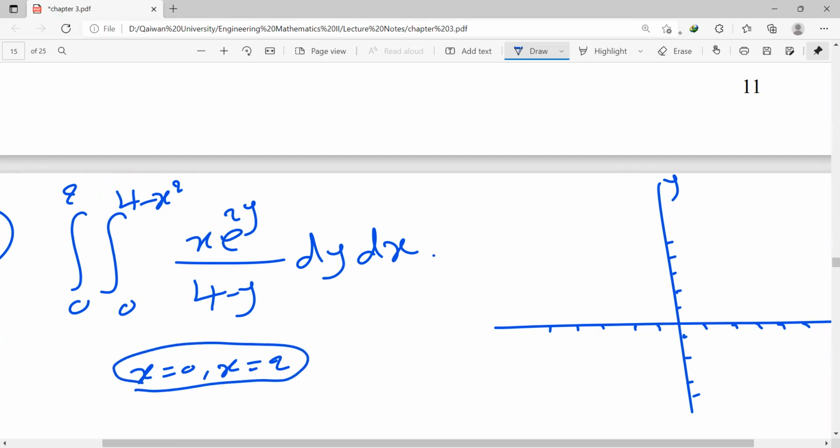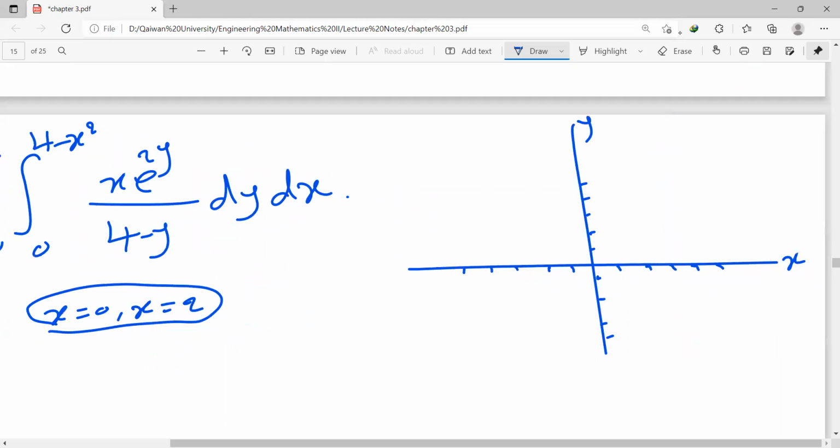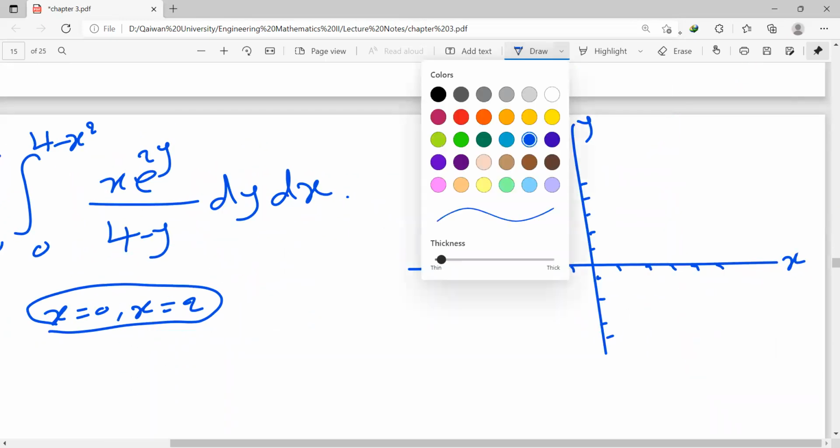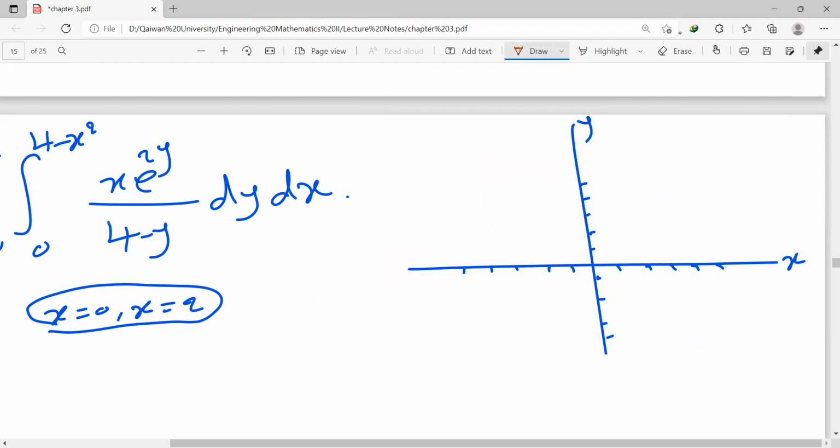x equals 0 is the vertical axis. And at x equals 2, we have a vertical line. The graph of x equals 2 is this one. This is x equals 0 and this is x equals 2.